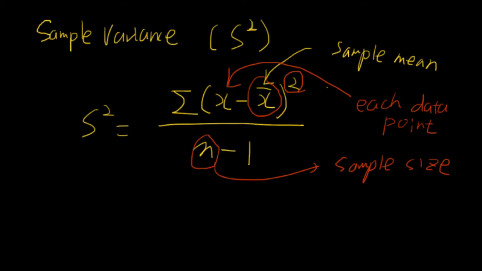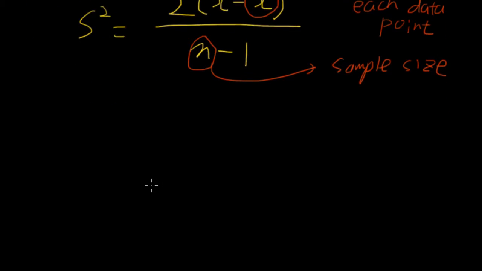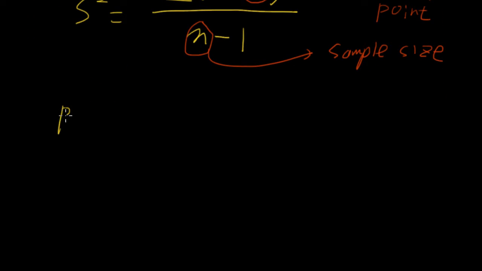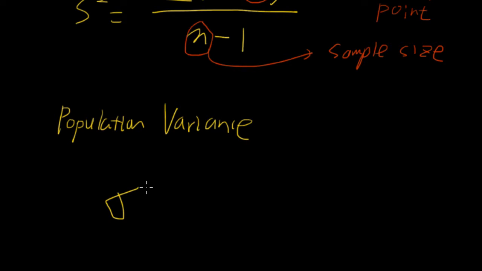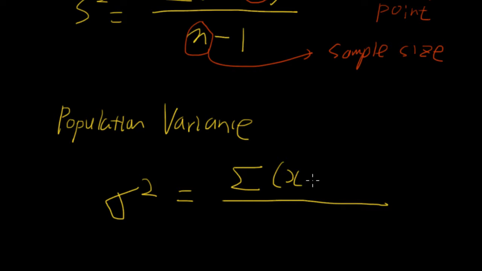So that's sample variance. Now population variance, however, you use sigma square as the symbol. And it's almost the same: sigma of x minus mu squared, over N. This x is the same thing, each data point.